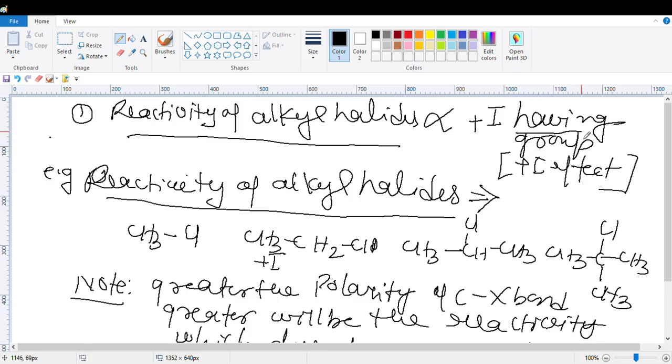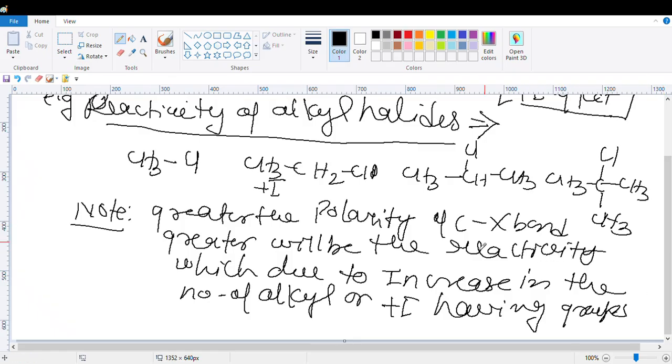Reactivity of alkyl halides is directly proportional to the plus I effect. That is, greater the number of plus I groups, greater will be the reactivity. Reactivity also depends on the polarity of the C-X bond, and C-X bond polarity is directly proportional to the plus I having groups. Greater the number of plus I having groups, greater will be the polarity of the C-X bond and greater will be its reactivity.